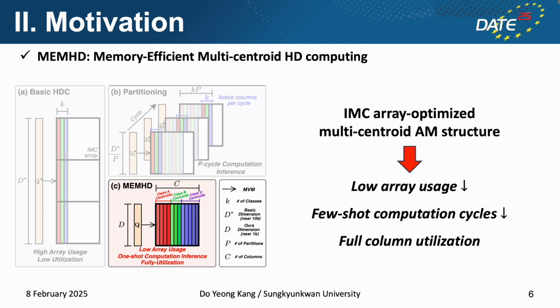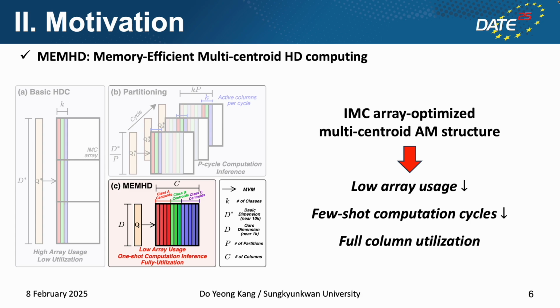So, to overcome these challenges, we propose a solution tailored for IMC arrays that leverages a multi-centroid associative memory structure. Rather than representing each class with a single vector, our approach assigns multiple centroids per class.